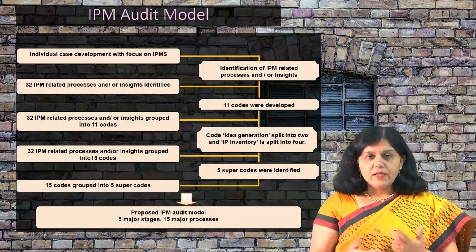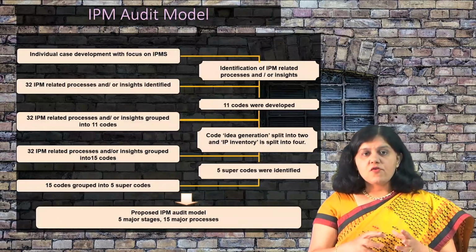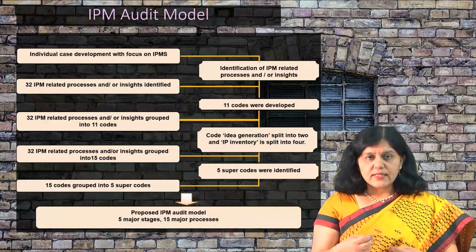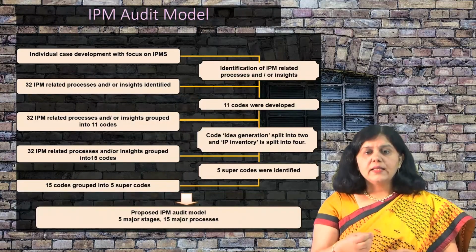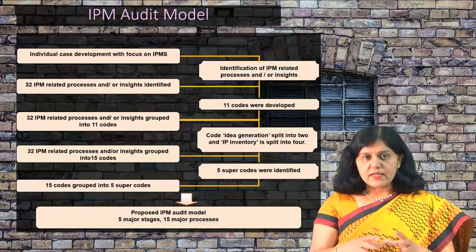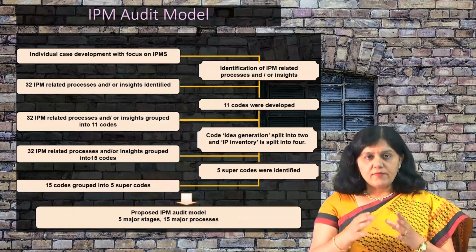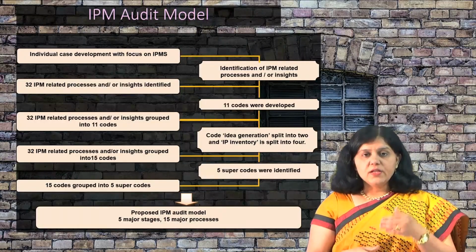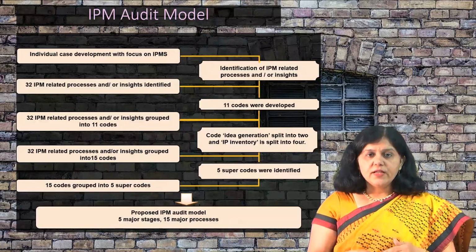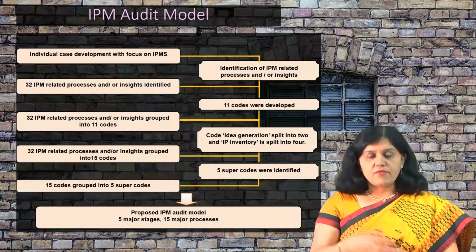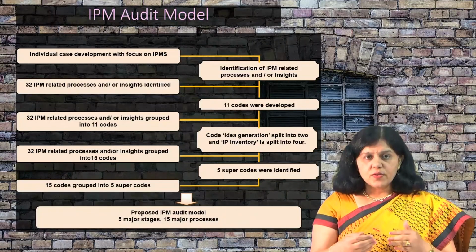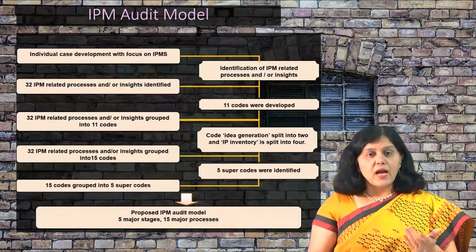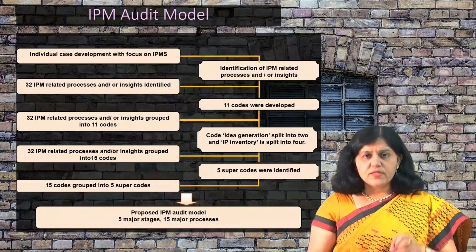Those 11 codes we further expanded into 15 codes, because there were 2 codes, the IP idea generation code and the IP inventory code, that we expanded. So, we came up with 15 codes. From 32 IPM related processes, 15 codes were generated, and from the 15 codes we generated 5 super codes. With those 5 super codes and 15 codes, we have developed the IPM audit model.